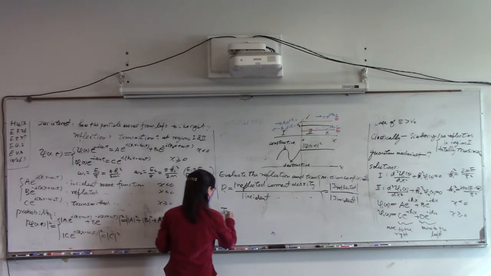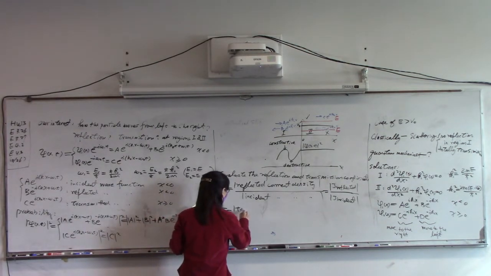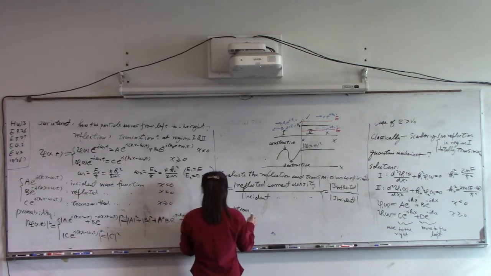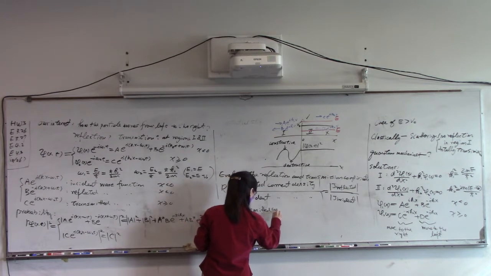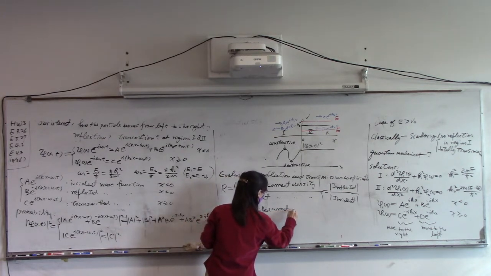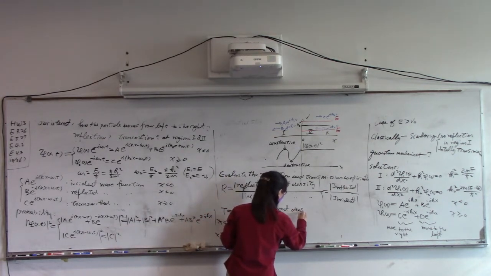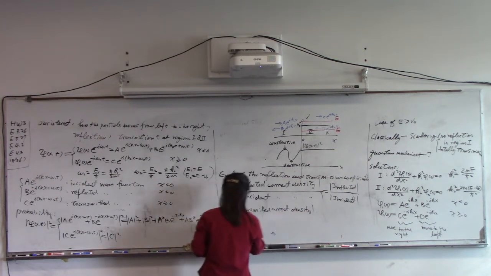Similarly, for the transmission it is how much transmitted current density divided by the incident.